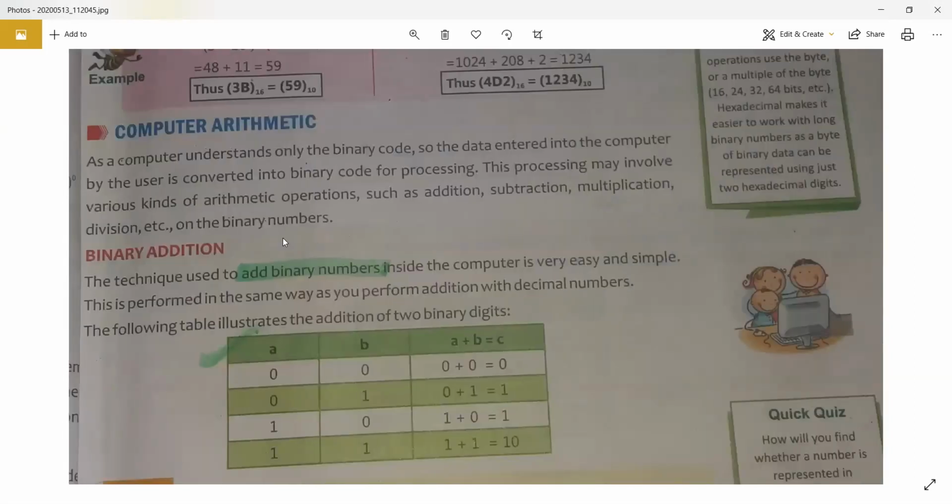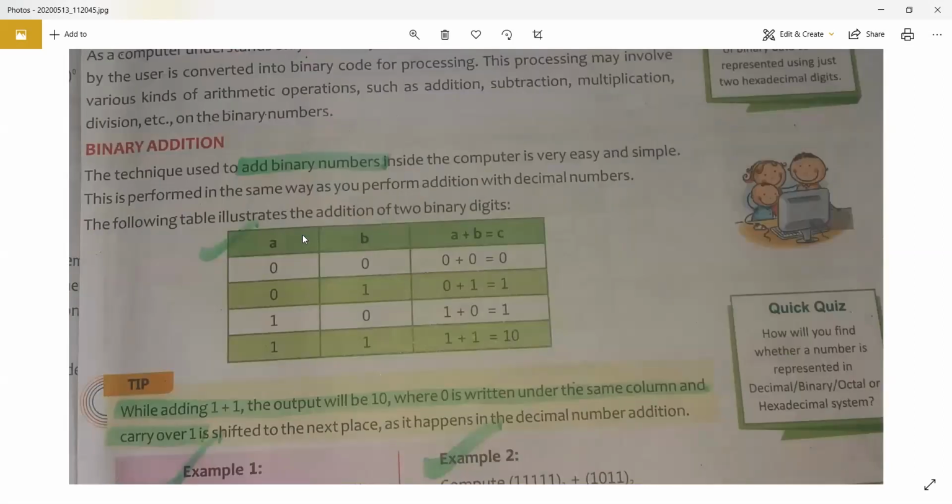Now let us understand how binary numbers are added, subtracted, multiplied and divided. When you have to perform binary addition, you have to understand this table first. This table is telling, beta, A and B are two sets of values, and then we are going to add these two. Let us see what happens here.